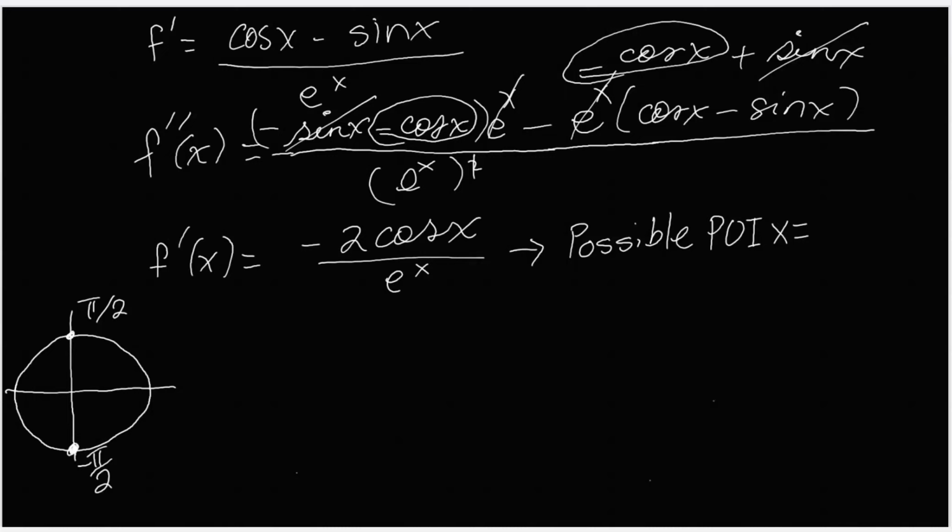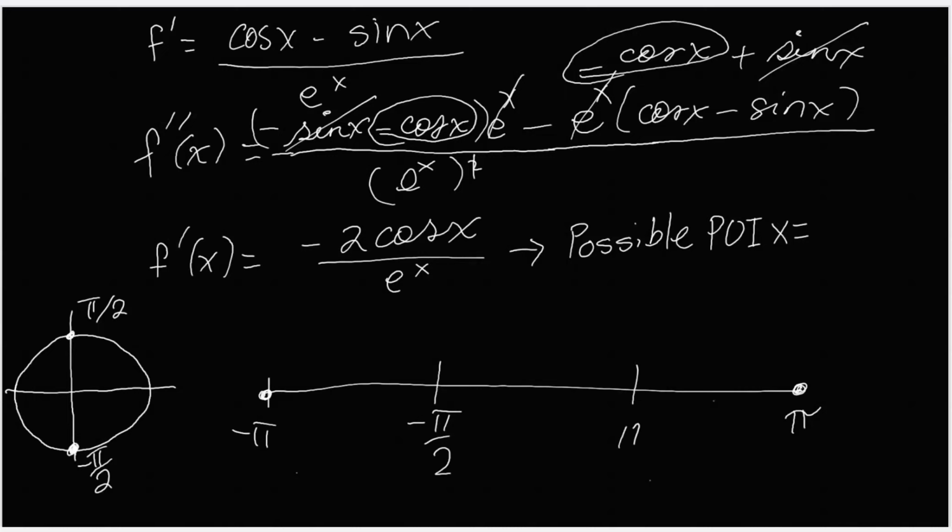So on the number line, again, we will have right here negative pi. Right here at the other endpoint, we have pi because that's the interval that we are graphing it in. And then we would have negative pi over 2 and then pi over 2 right here.